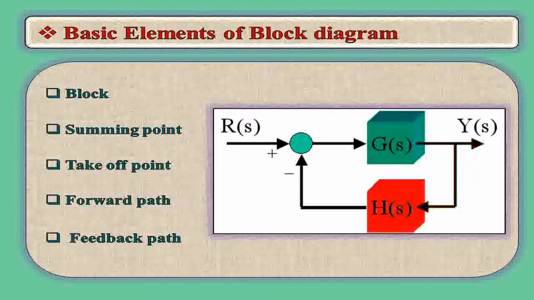Remember, while reducing the block diagram, the output of the system must not be changed and feedback should not be disturbed. So to reduce the block diagram, the proper logic must be used.